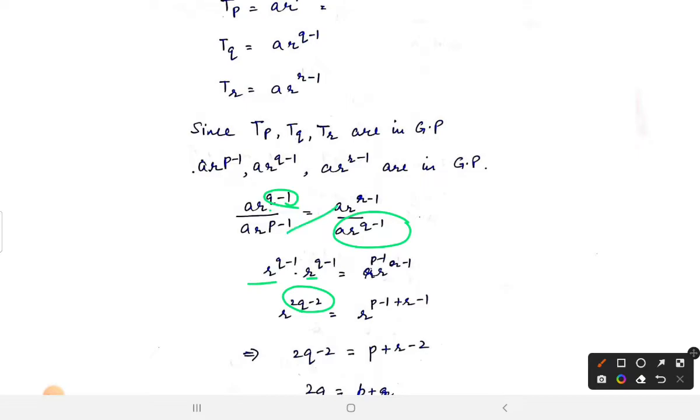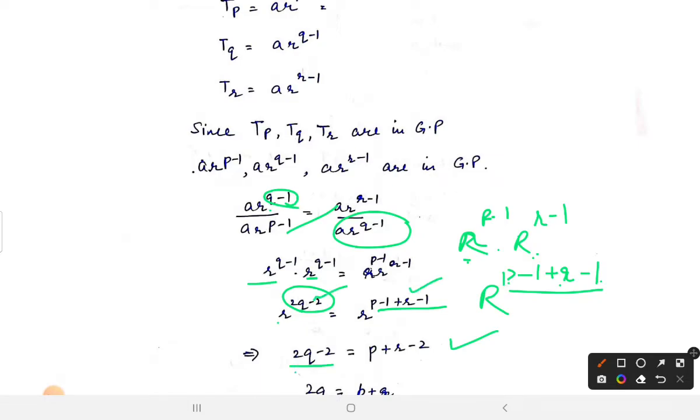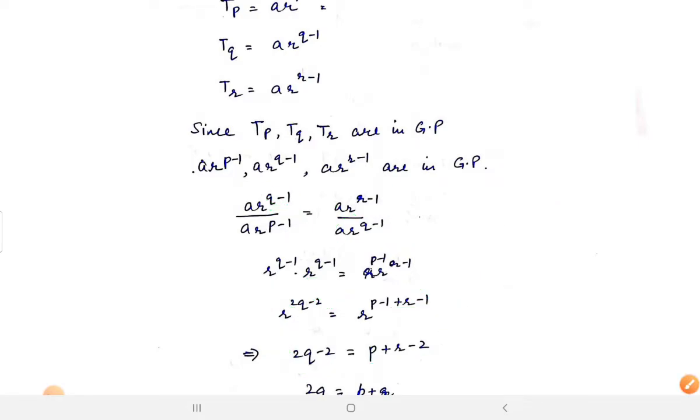Here also cross multiply, R to the power P minus 1 (here R is capital) and R to the power R minus 1. Clear? So you have R, bases are same, in multiplication powers will get added. So we have P plus R minus 2 here. By comparing the powers, you will get the power of this as 2Q minus 2 and the power of this as P plus R minus 2. So minus 2 will get cancelled.